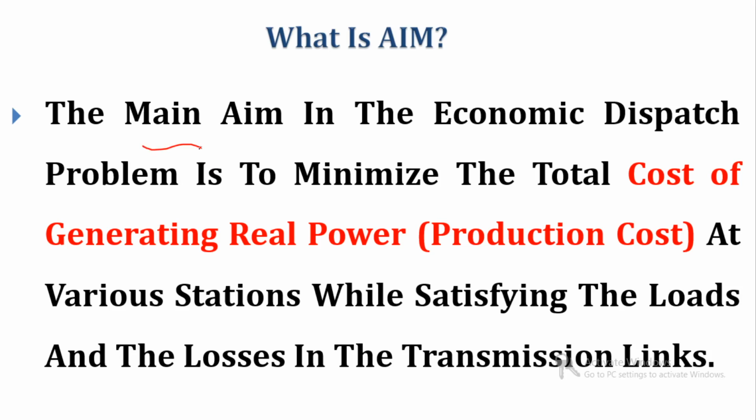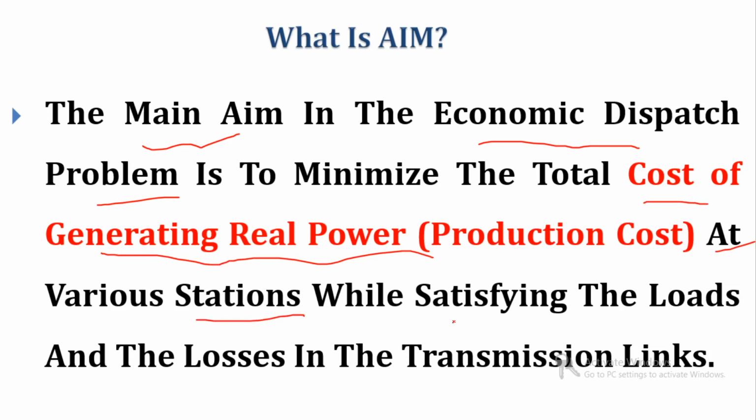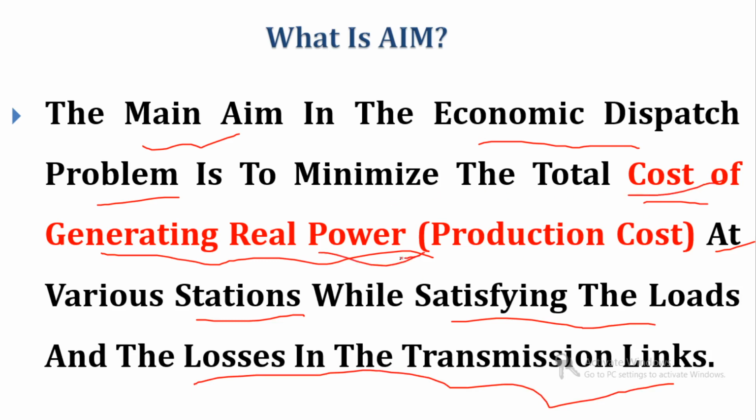So, the fundamental aim of the economic dispatch problem is to minimize the total cost of generating power at various stations while satisfying the load and losses in the transmission link.